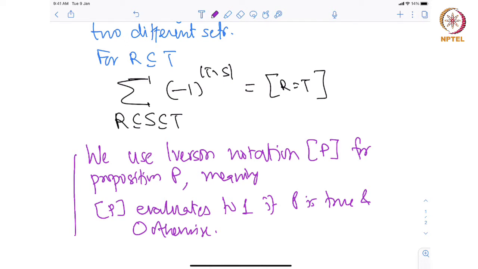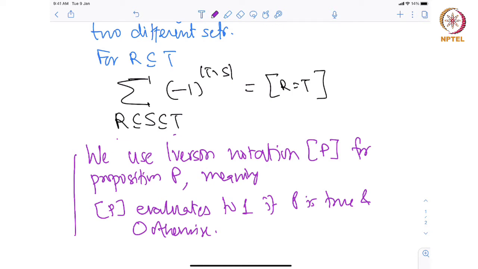Now look at the left hand expression. What does this tell us? You fix an R, you fix a set T, and you look at all the sets S which contain R but are contained inside T, and then you look at (-1) to the power of their cardinality. So notice that the even sets are going to contribute +1, and the odd sets are going to contribute -1.